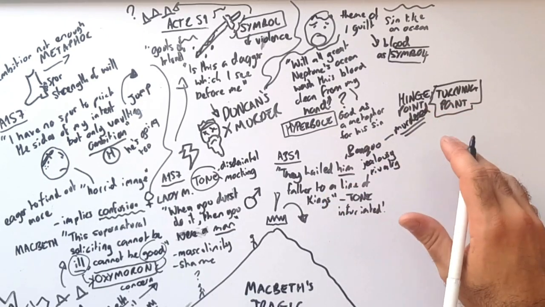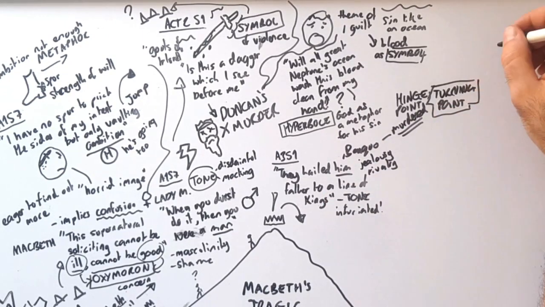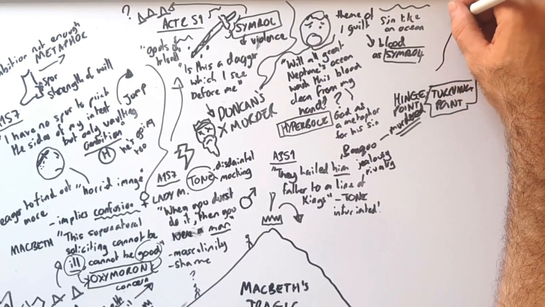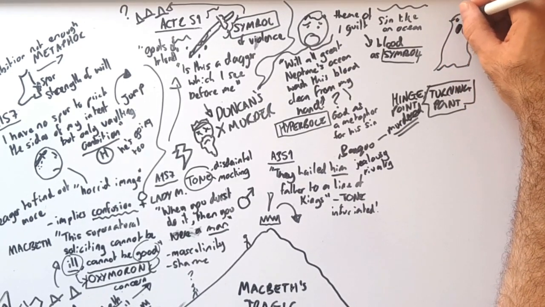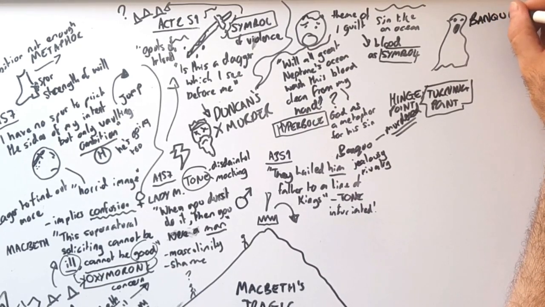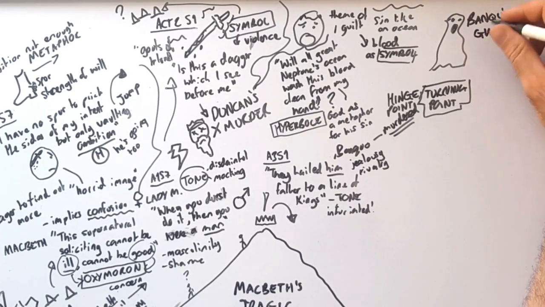He has Banquo murdered, and all of the things that happen after that, we've got obviously Banquo's ghost. Could just draw a cartoony ghost here. Banquo's ghost haunts Macbeth.